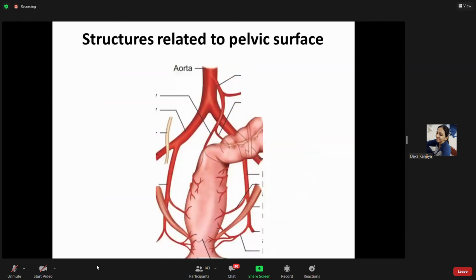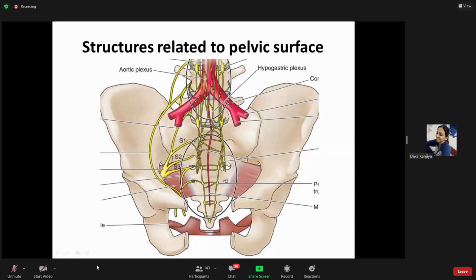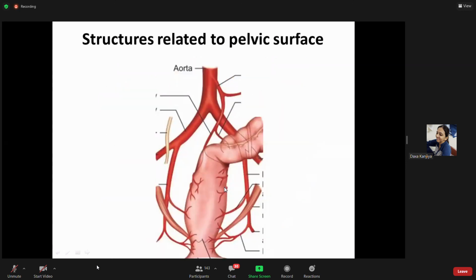Then the upper 2.5 pieces of the sacrum is directly related with the peritoneum, while the lower 2.5 pieces is related with the rectum. And in between the rectum and the sacrum, you will find the bifurcation of superior rectal artery.